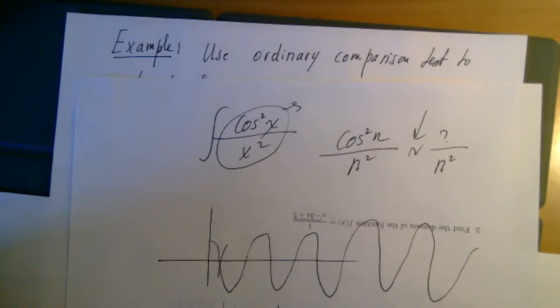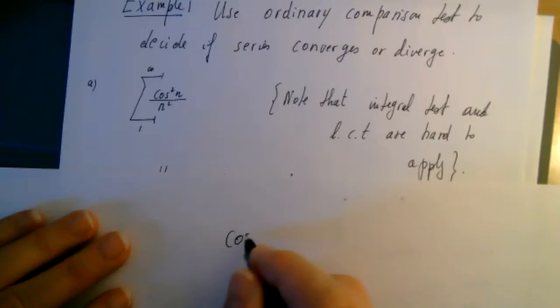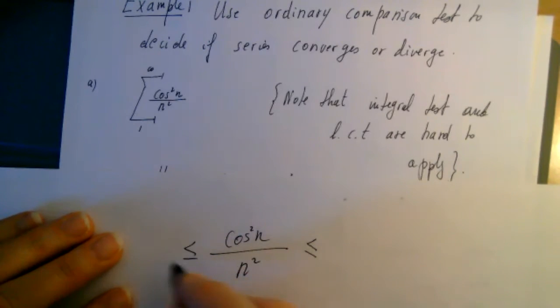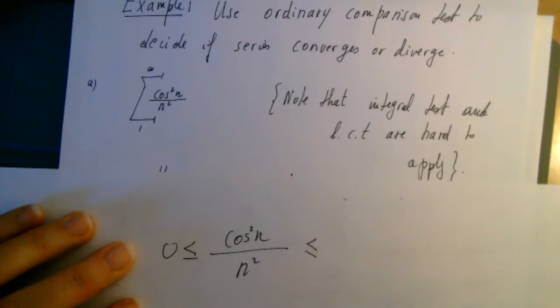However, the ordinary comparison test can be used. So what can I make this series less than? Cosine squared n over n squared. First of all, this is positive.